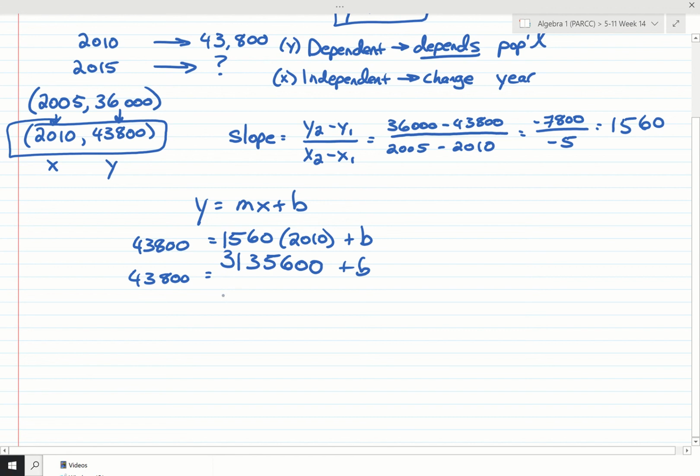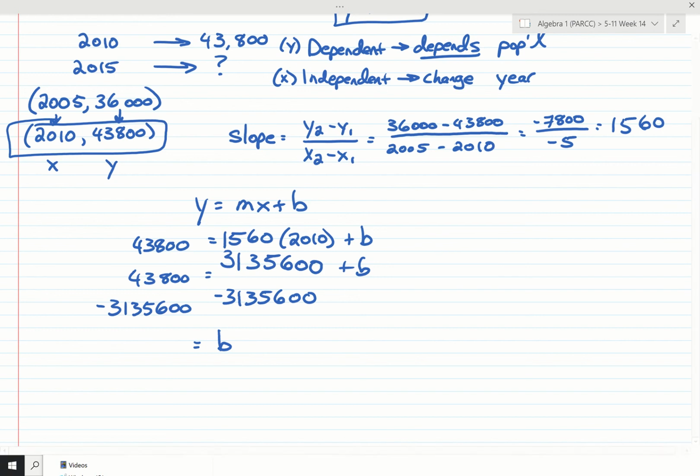And if we want to get b by itself, we're going to have to subtract that number on both sides. And we would get that b, let's see here, is negative 309,800.